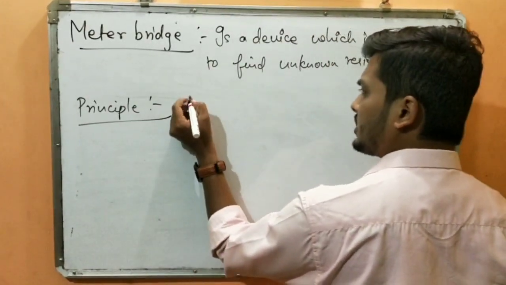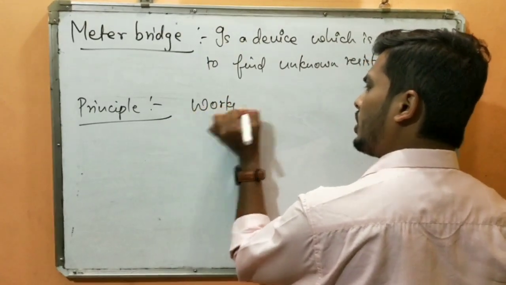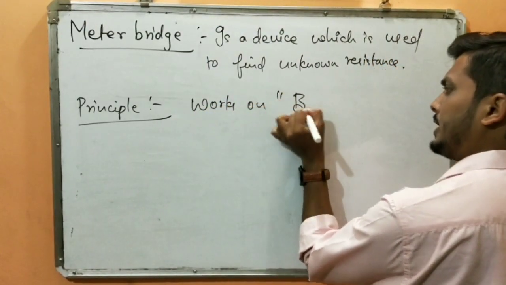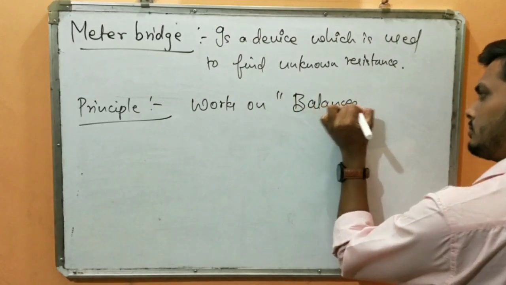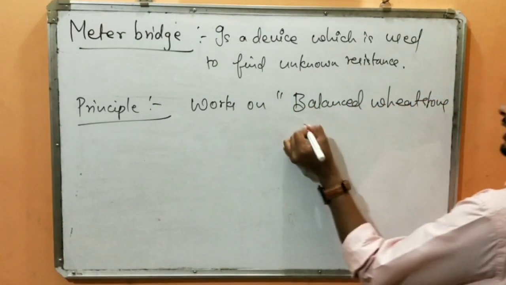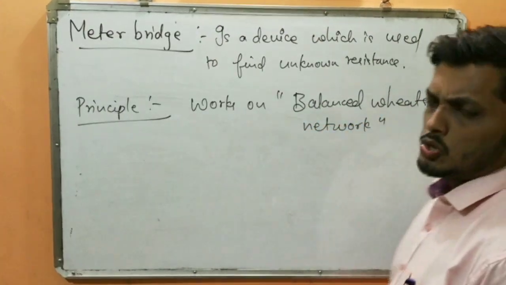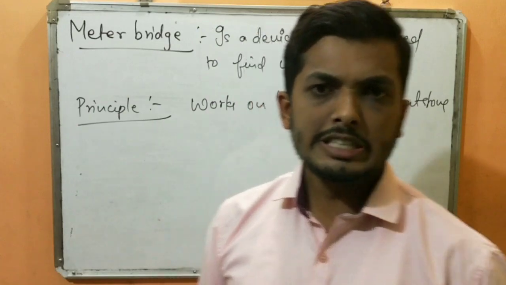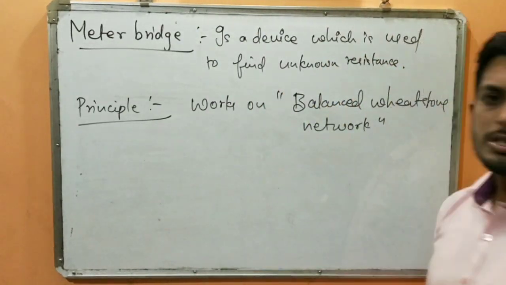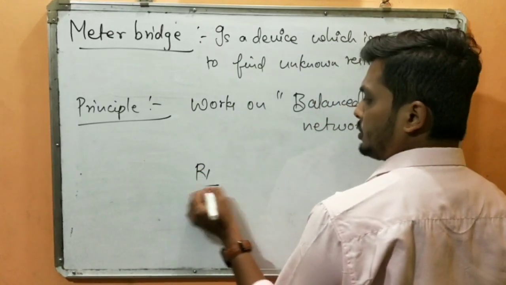So it works on the principle of a balanced Wheatstone network. Quite obvious. So the meter bridge works on the principle of a balanced Wheatstone network. And obviously all of you know the balance condition, what does it demand?